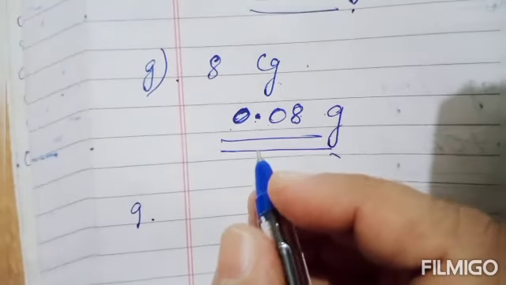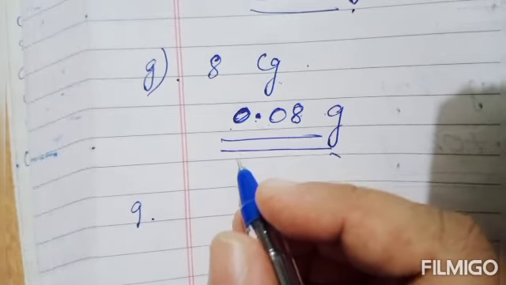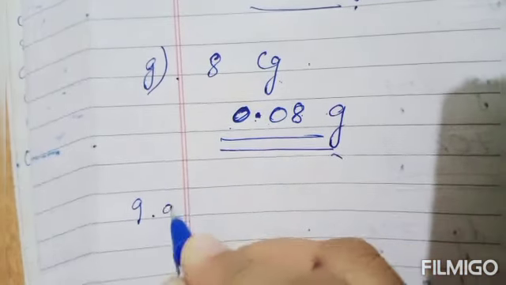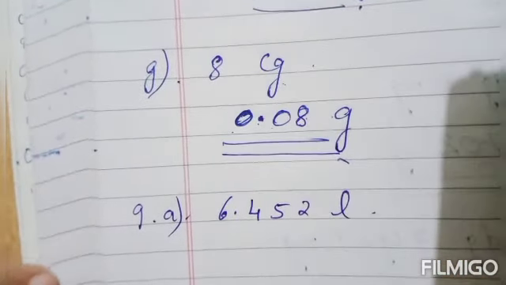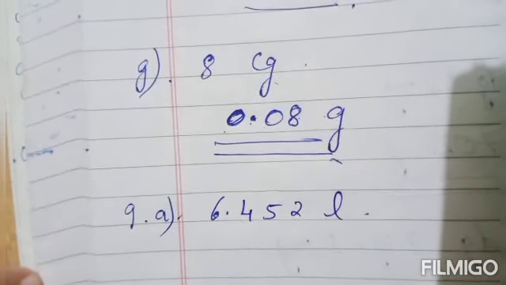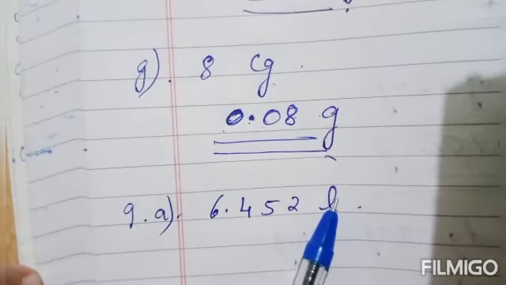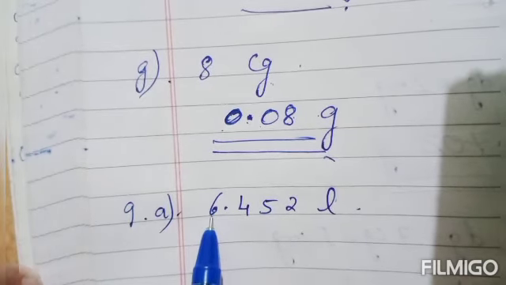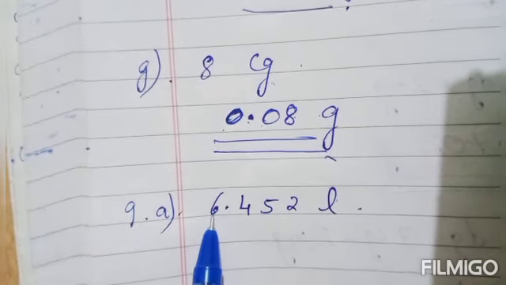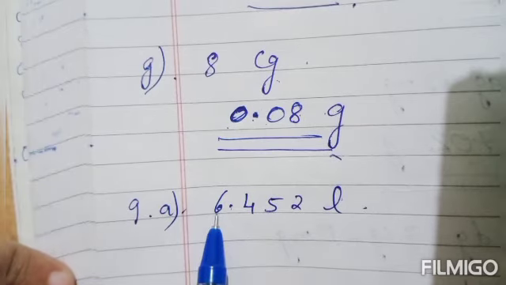Next, 9th question, express in liter, deciliter, centiliter and milliliter. In that, A, 6.452 liter. If a decimal fraction is given in liter, the number that is coming before the decimal point is liter. That much liter will be there.